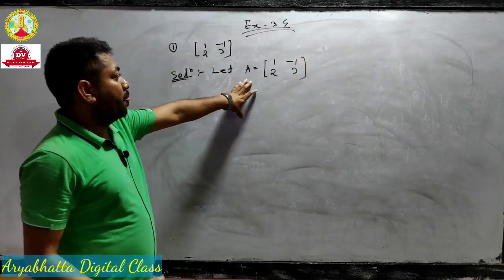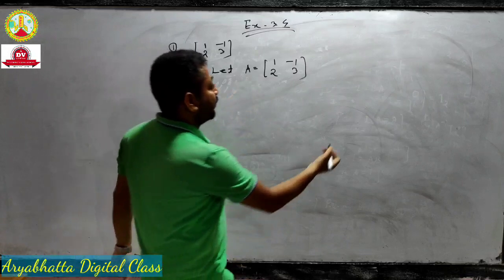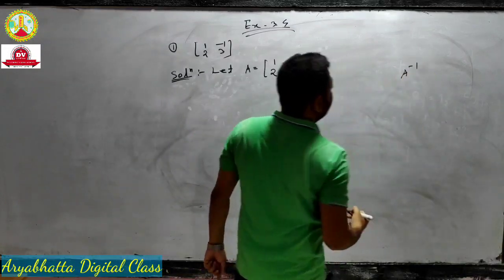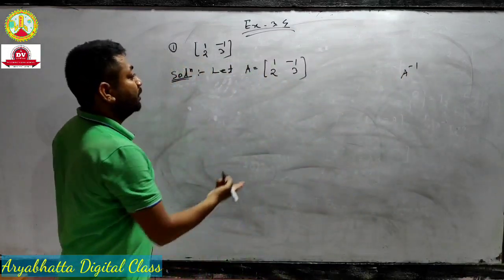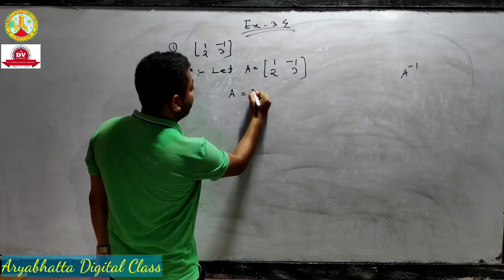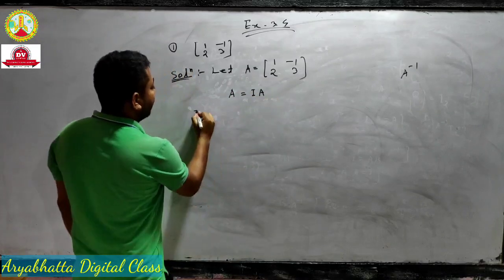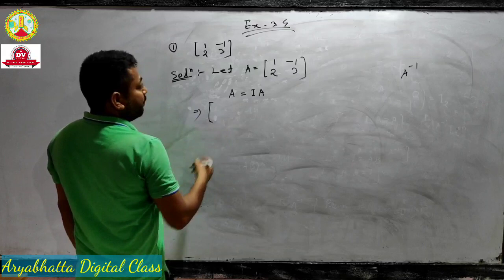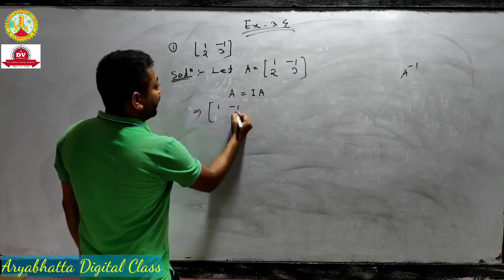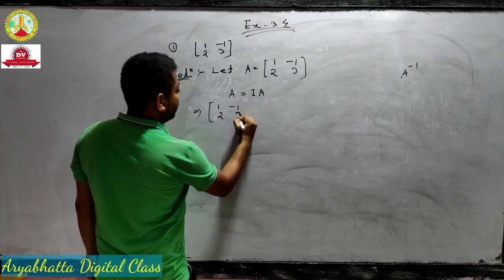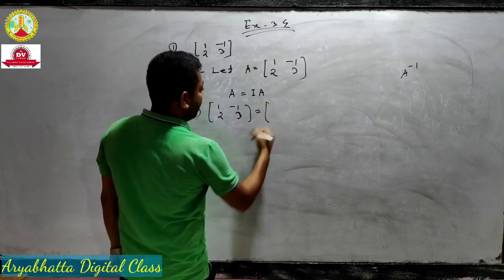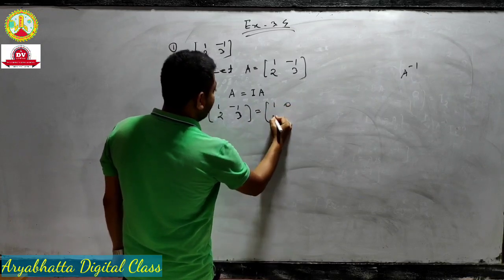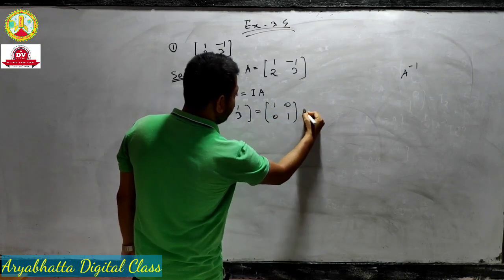If we want to find the inverse matrix of A by using elementary row transformations, then we write A equal to IA, where I is the identity matrix of order 2 by 2.